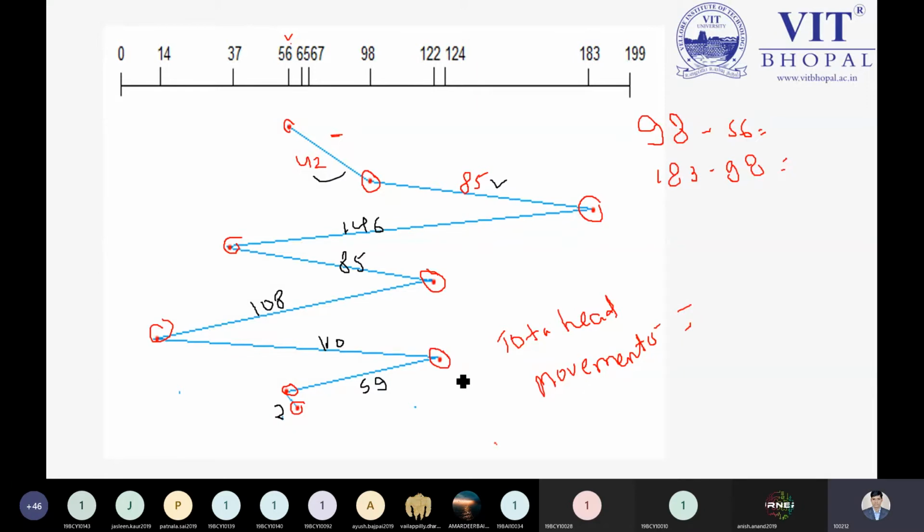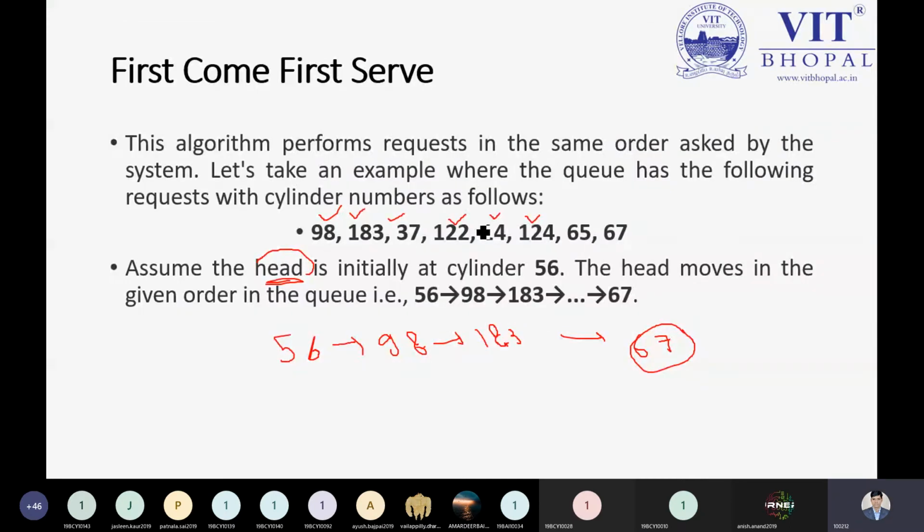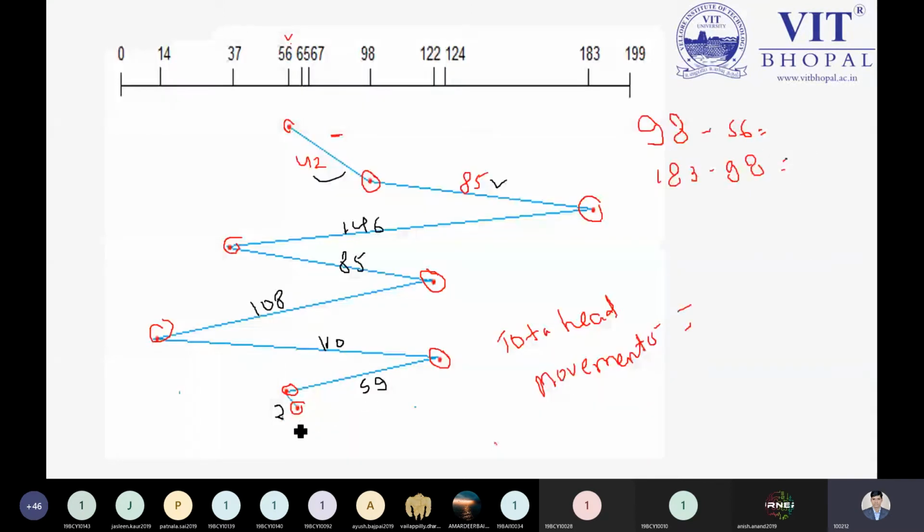Yeah, subtract the value, 124 minus 65. Because you are coming from 124 to 65. For accessibility, the cylinder value, or we can also see access of the disk. So now we have 59 and 2.